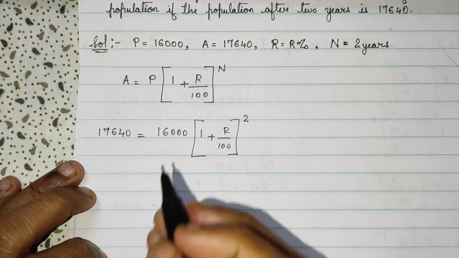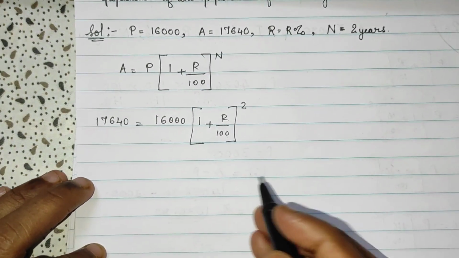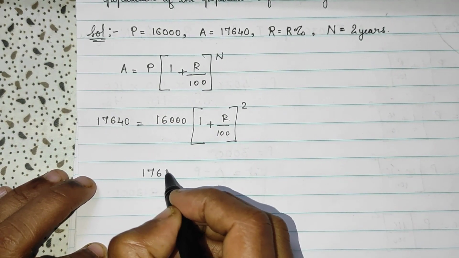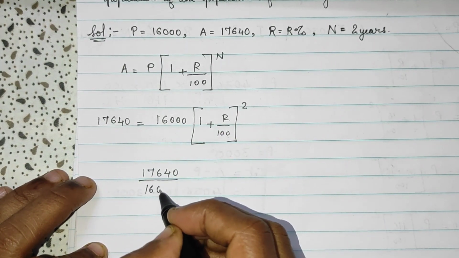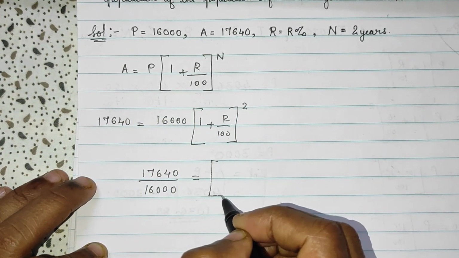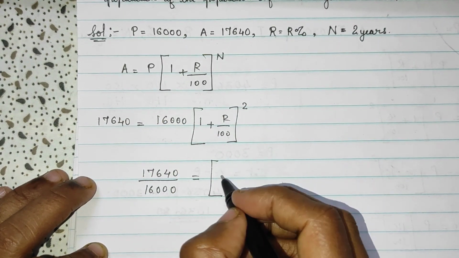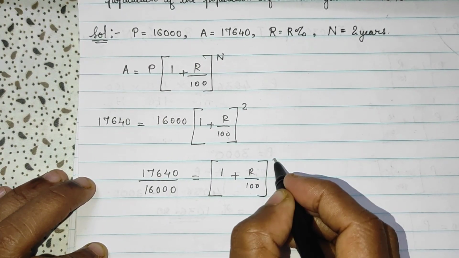So now this 16,000 will come here in the denominator. 17,640 is multiplied on the right side, so it will be divided when it goes to the left hand side, and then here it will be like (1 plus r upon 100) raised to 2.